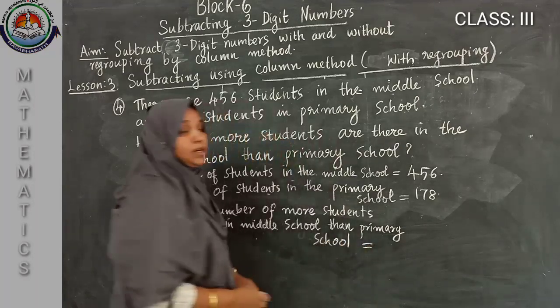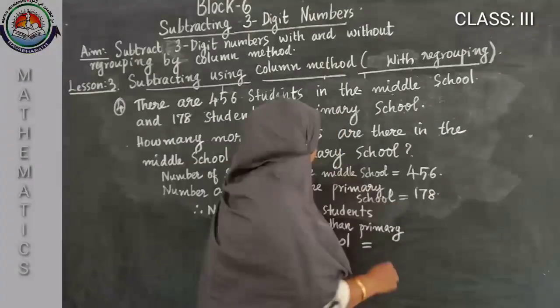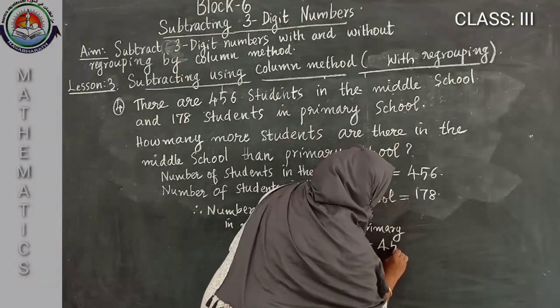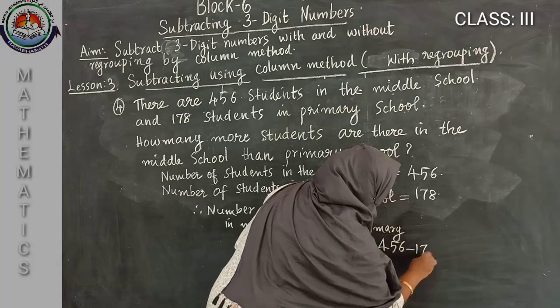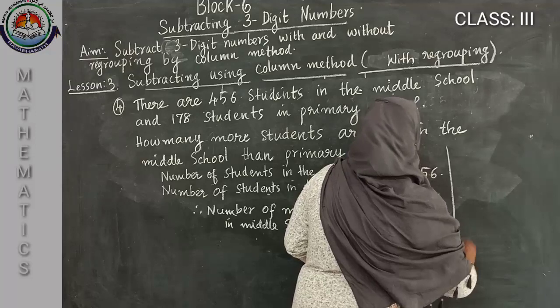How can we find out, children? 456 minus 178. We can do the calculation here.